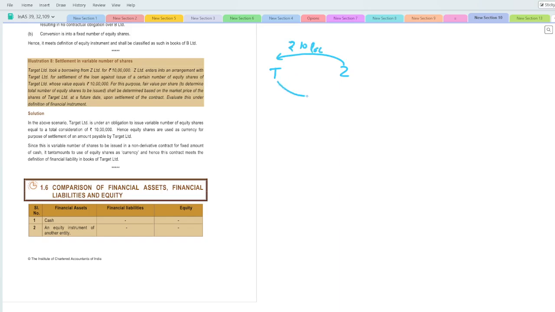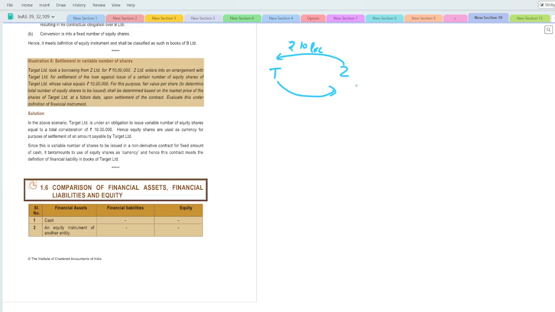Okay, now we need to see what is this one. So Z Limited enters into an arrangement with the Target Limited for the settlement of the loan against the issue of a certain number of the shares of the Target Limited whose value equals the 10 lakh. So for this purpose, the fair value per share to determine the total number of the shares to be issued shall be determined based on the market price of the share of the Target Limited at a future date upon the settlement.